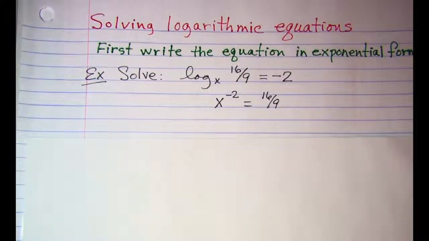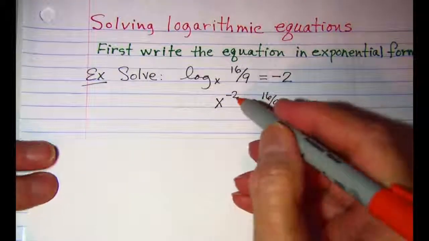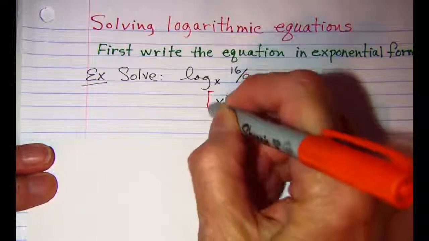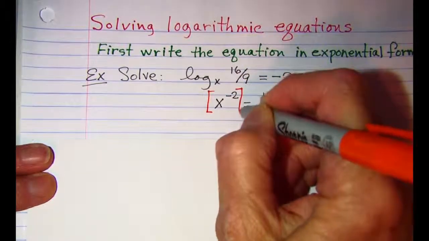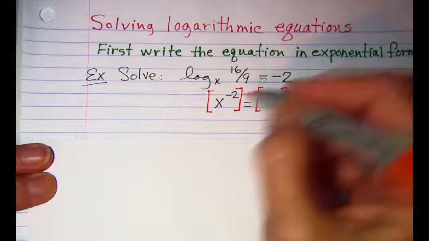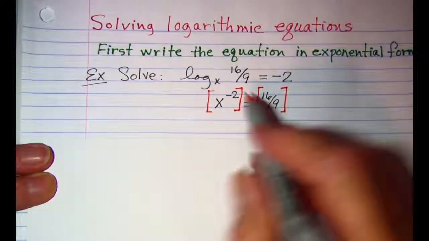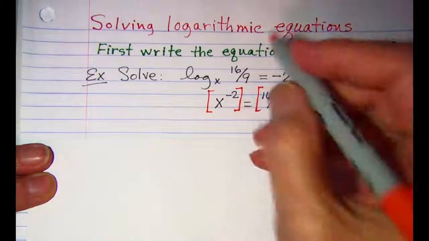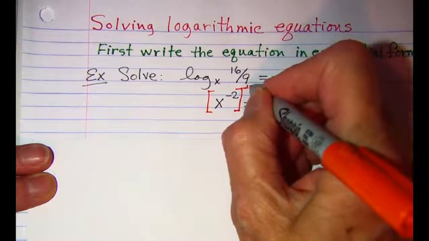Now, in order to solve this, we'd like to find x to the first power. This means that we need to raise both sides to the reciprocal power. The reciprocal of -2 is -1/2.